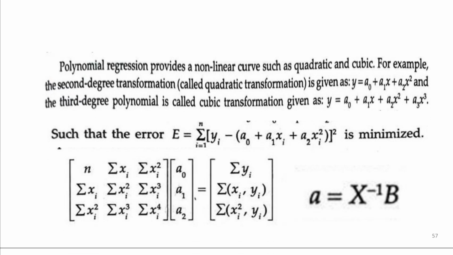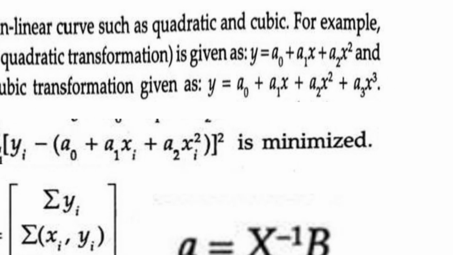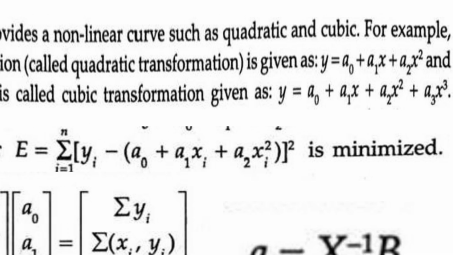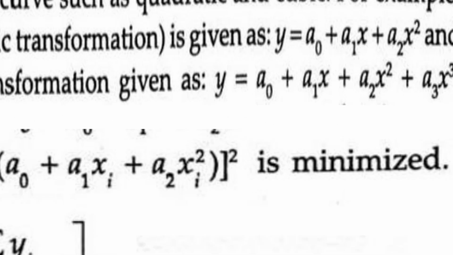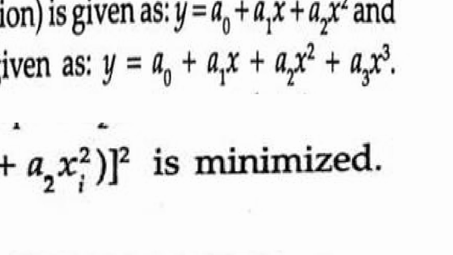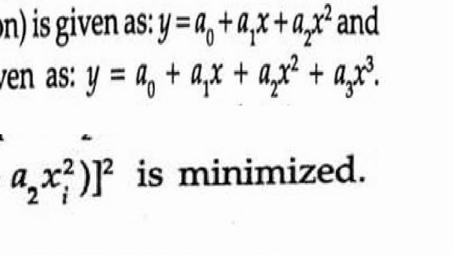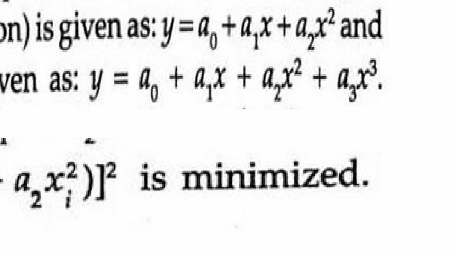Suppose a degree 2 equation, y = a0 + a1x + a2x², is in quadratic form because the degree is 2. The equation y = a0 + a1x + a2x² + a3x³ is a cubic equation.